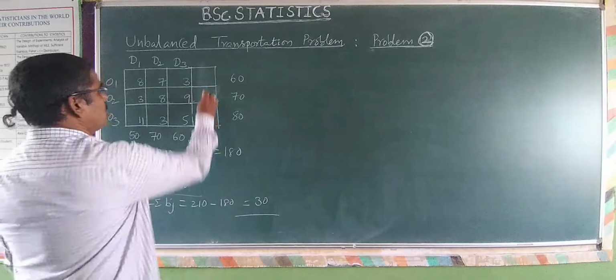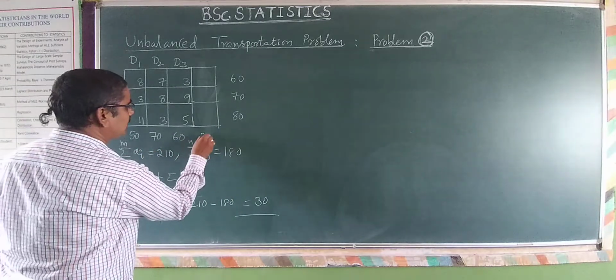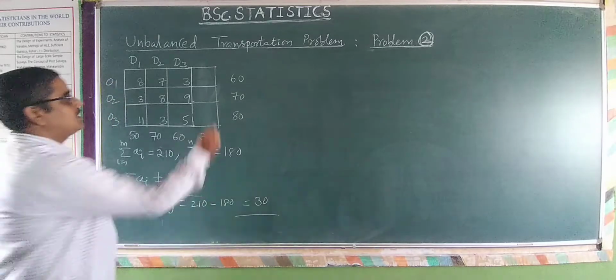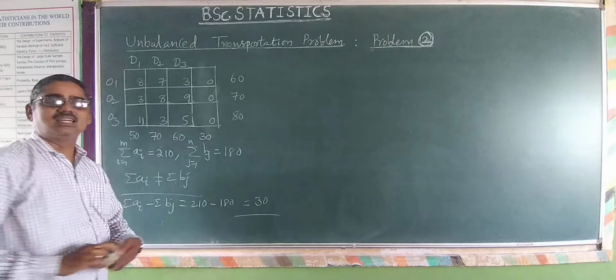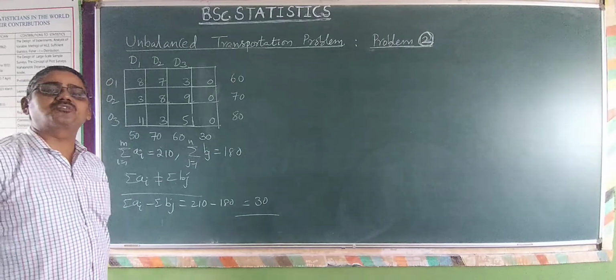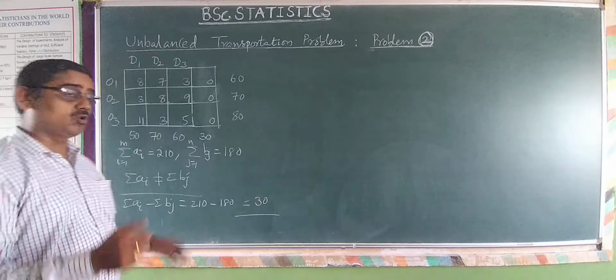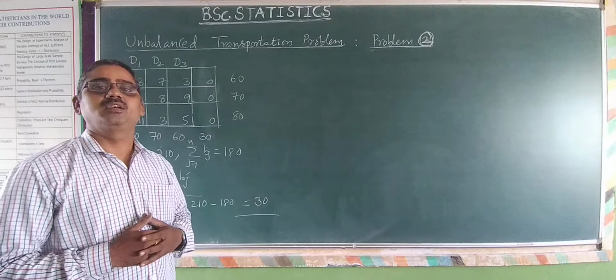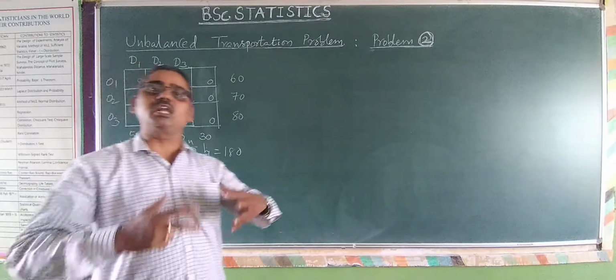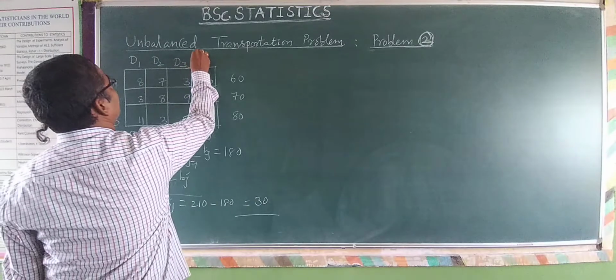I am creating one more destination with the requirement 30 and introducing cost 0 to all the cells in that particular column. The cost is 0, because there is no quantity supposed to be transported. We are not supposed to transport a single quantity from this dummy destination. Let us call it D4.